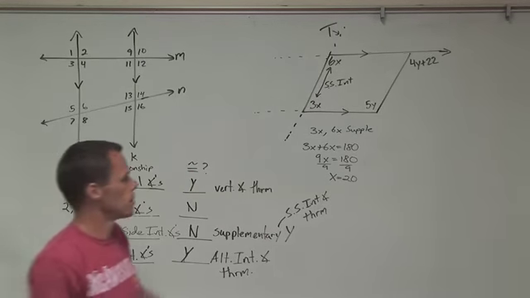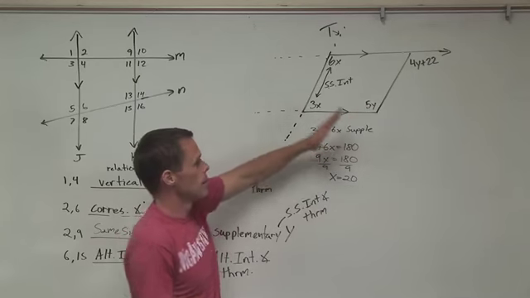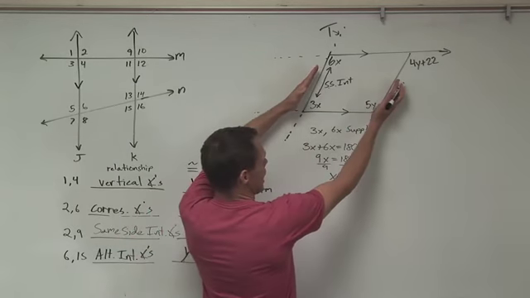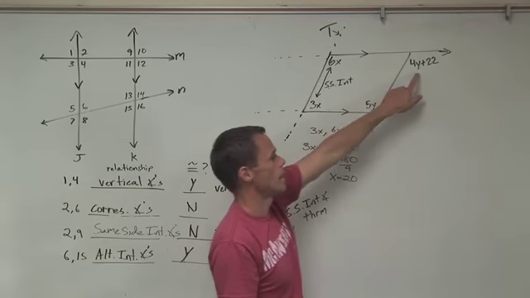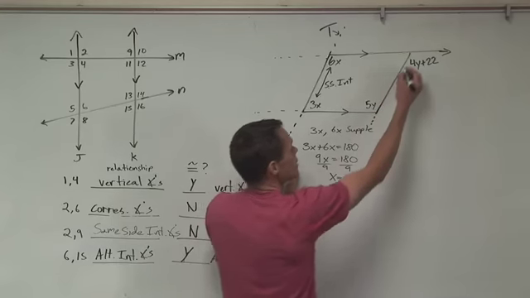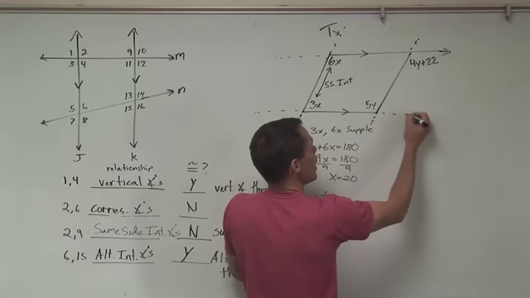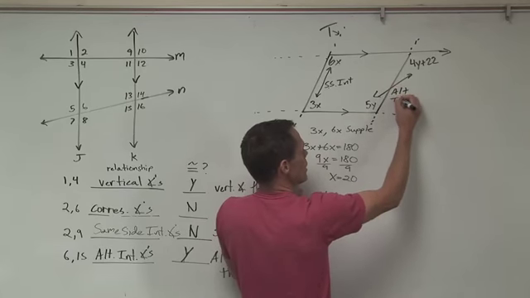Now we don't want to make the mistake of saying 3x plus 5y is equal to 180, because they are not touching parallel lines. Parallel, not parallel. So 5y and 4y plus 22 is what we must look at. Extend the lines, and we see these as alternate interior.